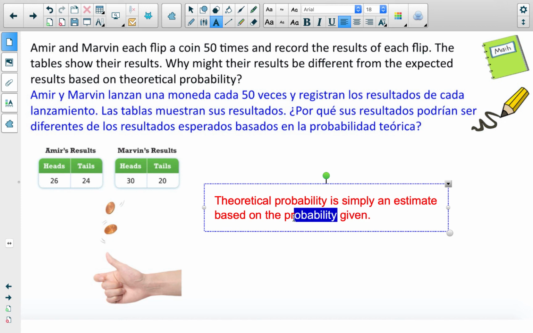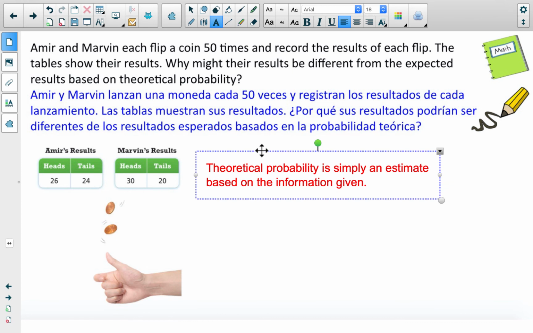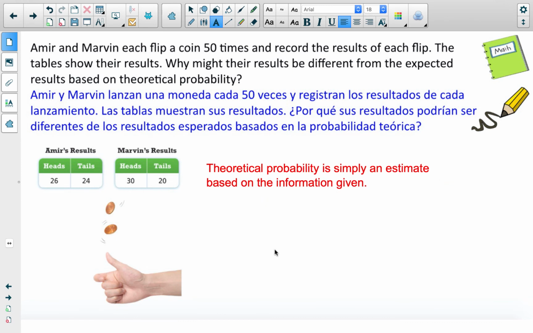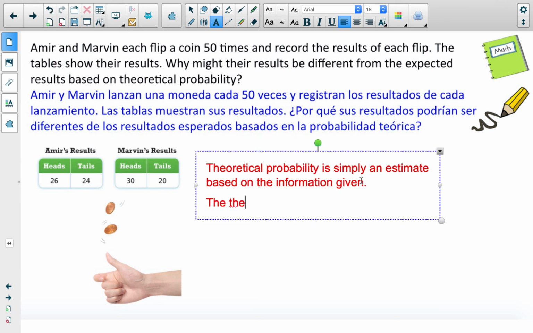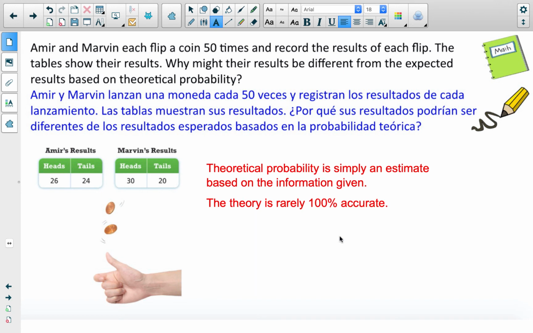Or based on the information given. In theory, right? Theory means what should happen. So in theory, what should happen is it should be 25 and 25. But the theory is not always true, okay? Theory is rarely 100% accurate, okay?